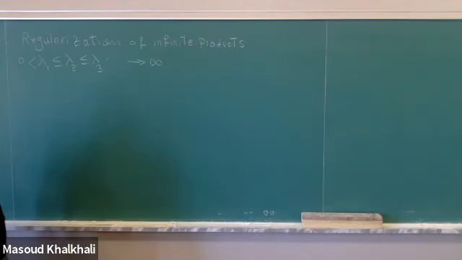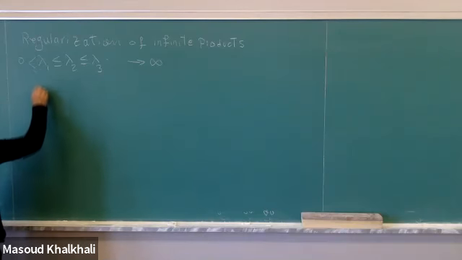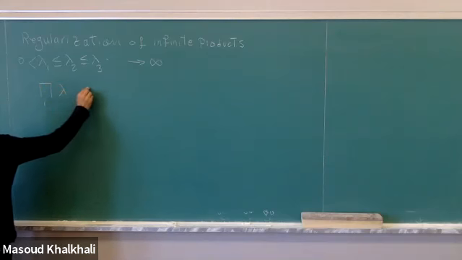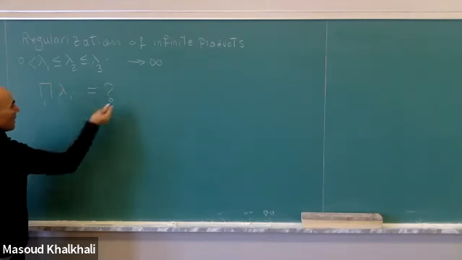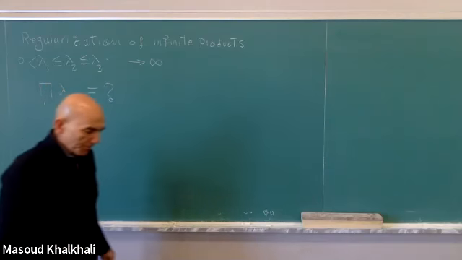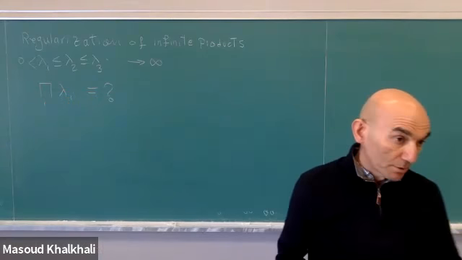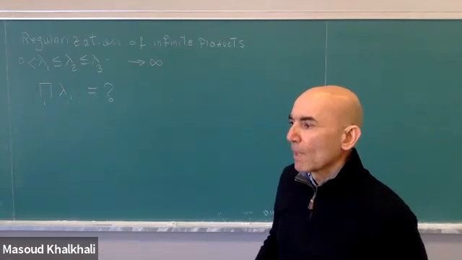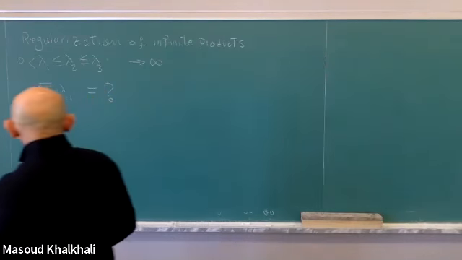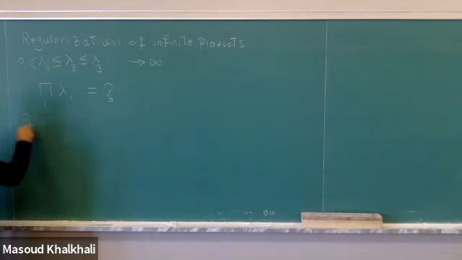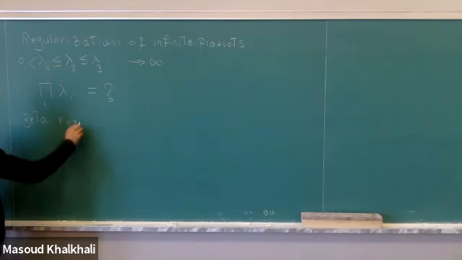Our goal is to understand how to regularize this infinite product. As I said, there are different methods for regularization. One method that we started last lecture is zeta regularization.